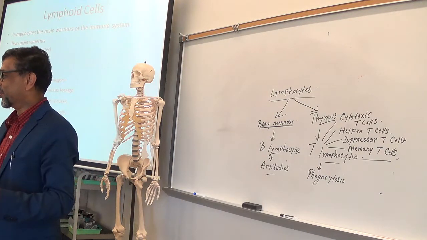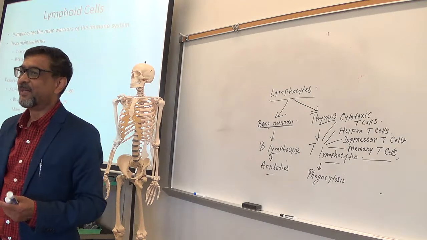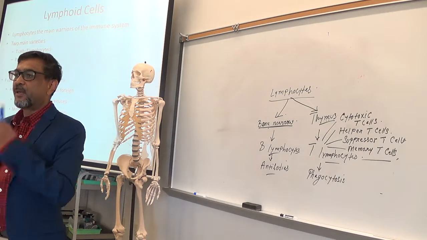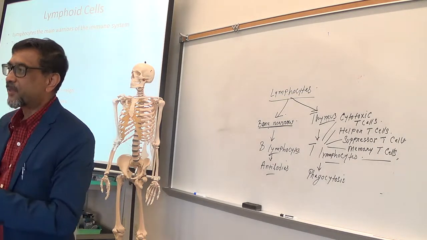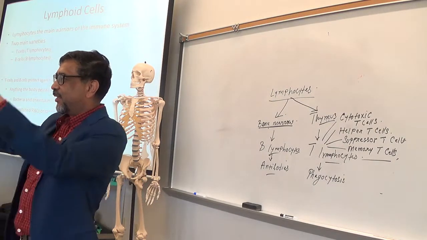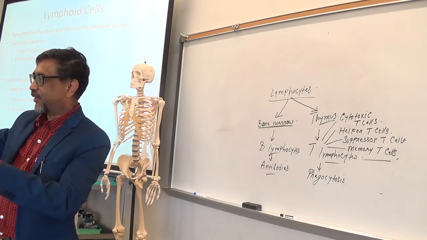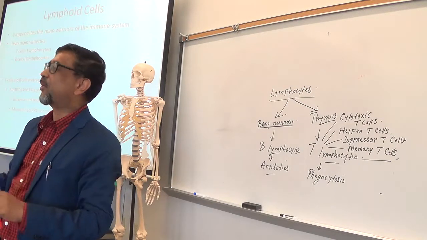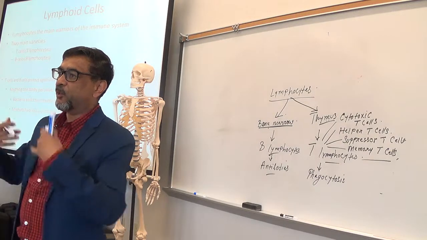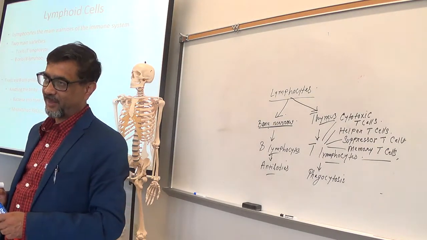Its name is telling you. It's toxic to the enemy cell, right? Cytotoxic. Helper T cells. Suppressor T cells. Suppressor T cells will suppress the immune system. We'll talk about that later, okay? That's why they are called suppressor, also called regulatory T cells. Regulate the immune function. And another is memory T cells.